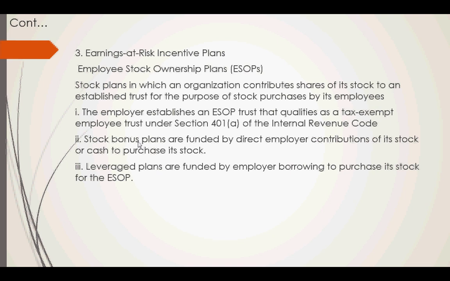The employer establishes an ESOP trust that qualifies as a tax exempt employee trust under section 401(a) of the Internal Revenue Code. Whenever employees are purchasing the stock from the company, tax exemption will be there for them.